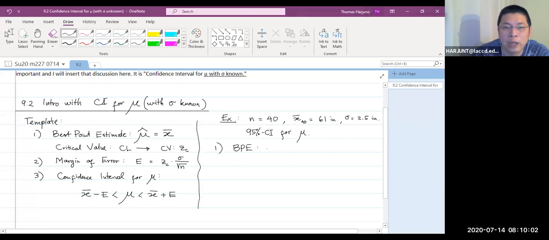The best point estimate, X bar, equals 61 inches. Now, what is the best point estimate?